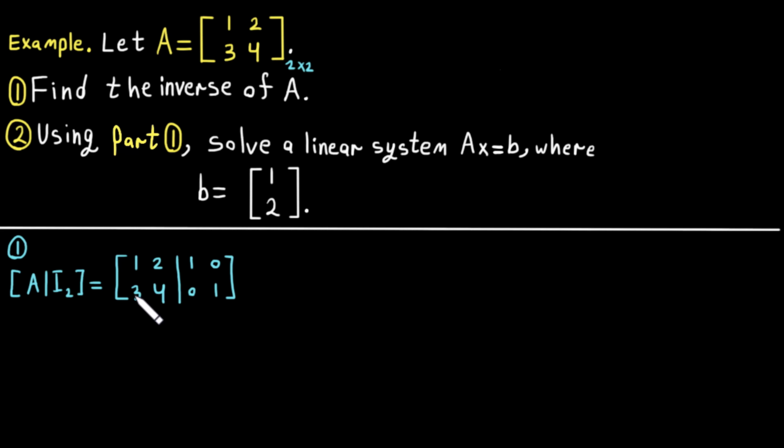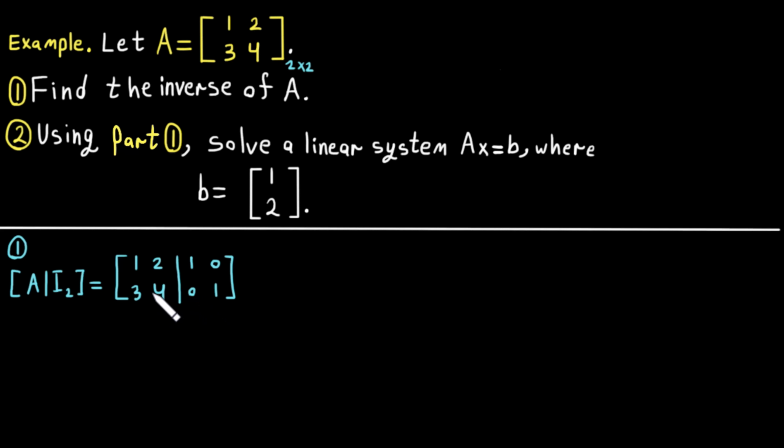Then you have to go until you find a number. Then if you find the number, you have to make it 1, and if you make it 1, then you have to make the rest of this column 0. And make sure if you have a 0 row, you have to put it at the bottom.